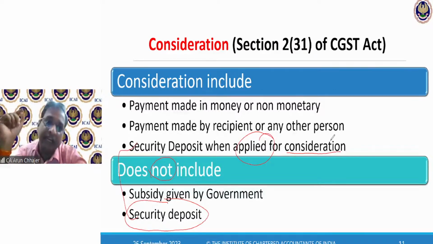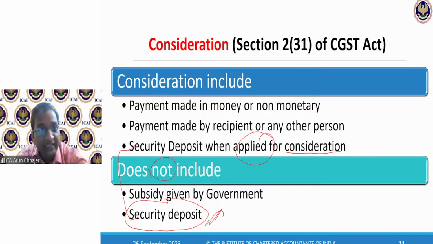As per the agreement, I have to pay 2 months security deposit and 1 month rent. So when I entered into the contract, I paid 3 months' equivalent rent, but 2 months is security deposit and 1 month is rent. So the supplier, the landlord, will pay GST only on 1 month. He will not pay GST on the security deposit.